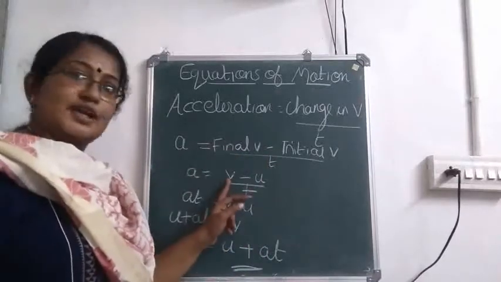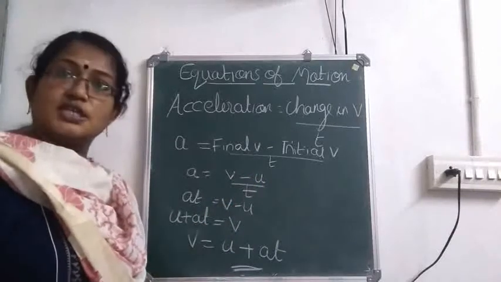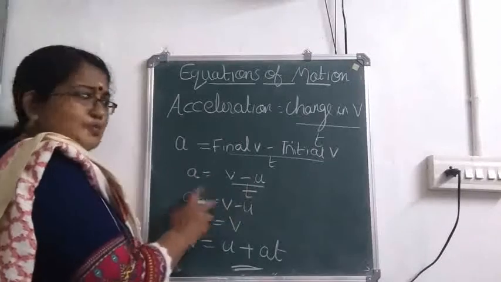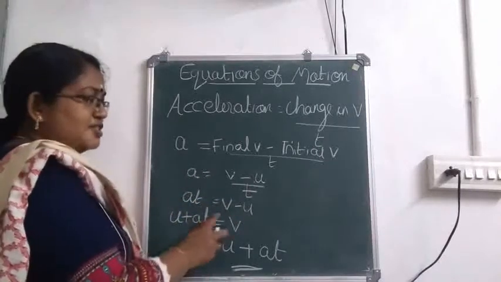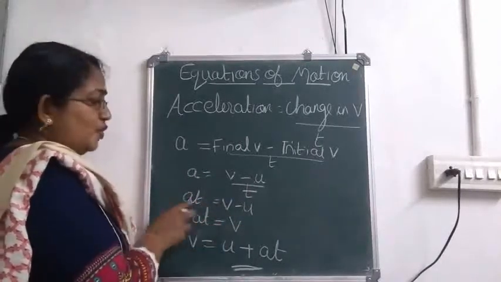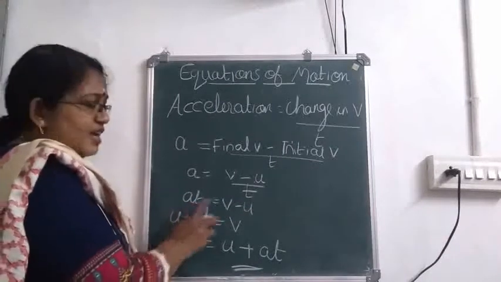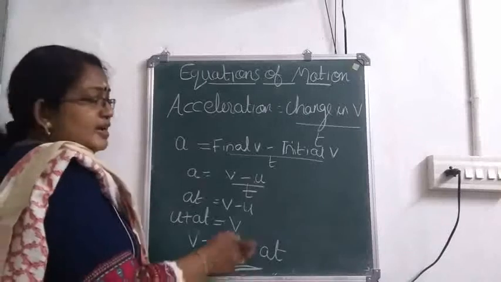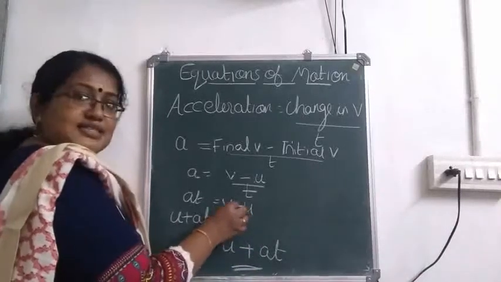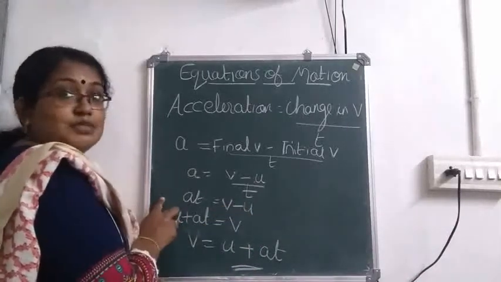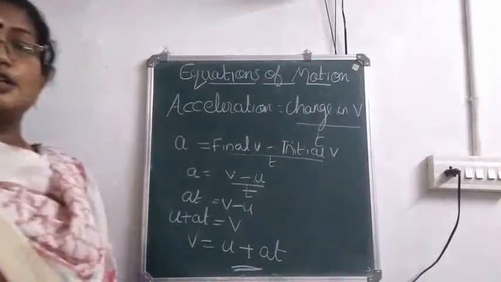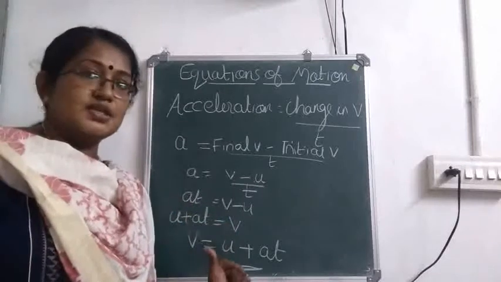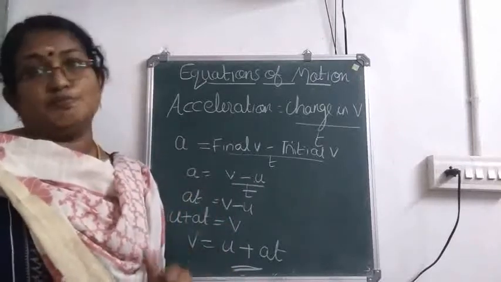For us, final velocity is v and initial velocity is u. So, v minus u by t. Cross multiplying, at is equal to v minus u, or you can say this; I wrote this for those who don't know how it came. Okay. So, from here directly you can write v is equal to u plus at, because u was having the minus sign. When you come to this side, it becomes plus. So, v is equal to u plus at. So, hope you understood this and it is copied into your book. Okay.